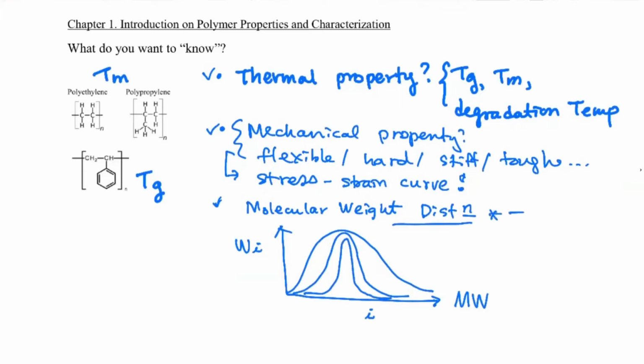And we are talking about number average, weight average, and what is called Mw over Mn, the dispersity, polydispersity, and this is the measure of how broad the molecular weight distribution is. And let's see, density. That is good.